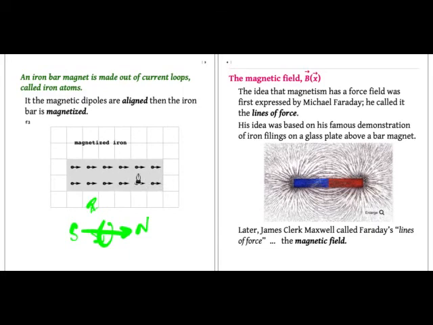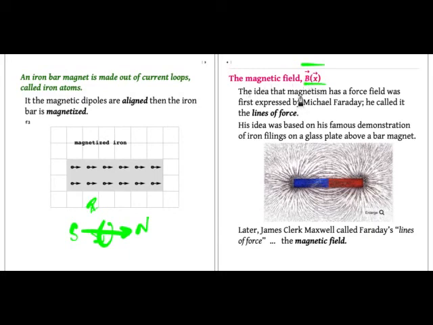The forces are not action at a distance. They're caused by a force field, which we call the magnetic field. And the notation for the magnetic field is always B. The notation for the electric field is E for electric. For some reason, the magnetic field is called B for magnetic.